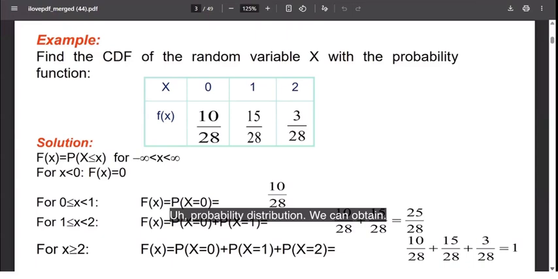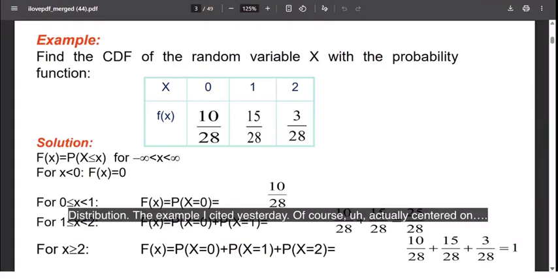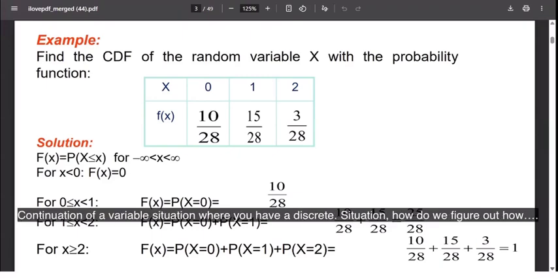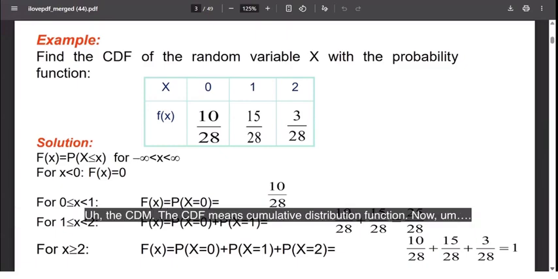We can obtain the CDF for both discrete and continuous probability distributions. The example I cited yesterday actually centered on a continuous random variable. In a discrete situation, how do we figure out the CDF? The CDF means cumulative distribution function.